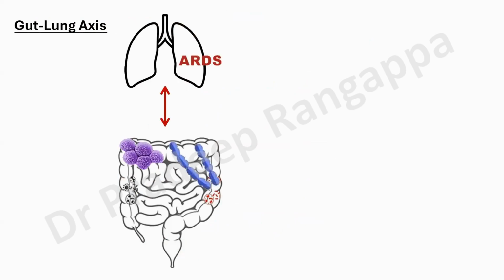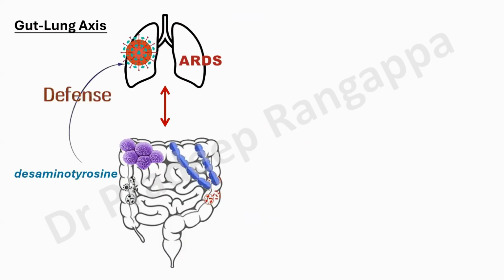Especially overgrowth of staphylococcus or enterococcus in the gut has been shown to have a direct correlation with patients at risk of developing ARDS. And they have found that desaminotyrosine, which is normally present in a healthy gut, is useful as a defense in influenza.